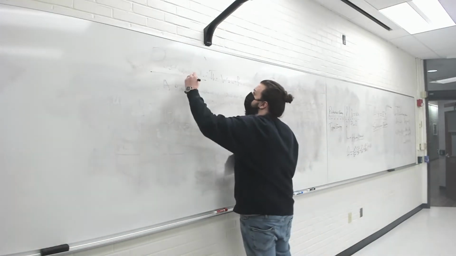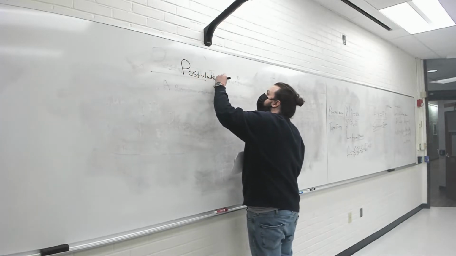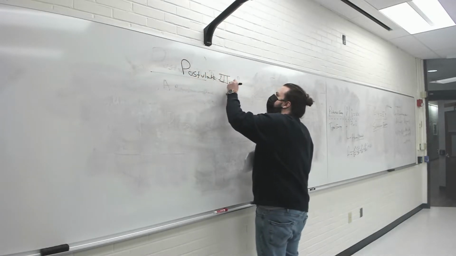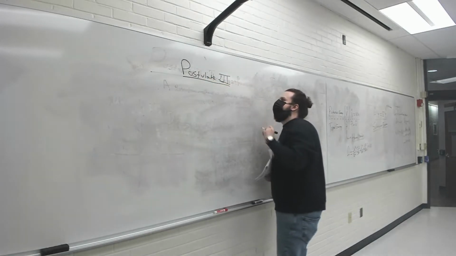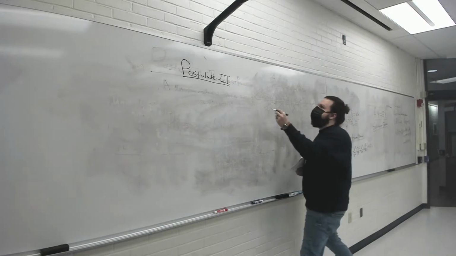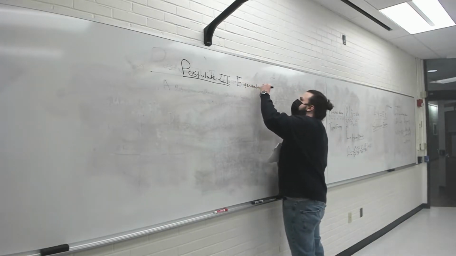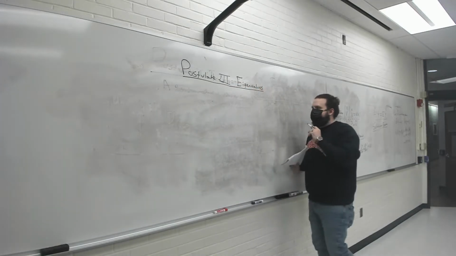Okay, so let me follow up with the next one. Postulate 3. And I'm going to introduce a term of postulate 3 that seems strange. It's not really an appropriate way to use it, but it's just by convention. And it's the idea of eigenvalues. It's kind of a strange term.